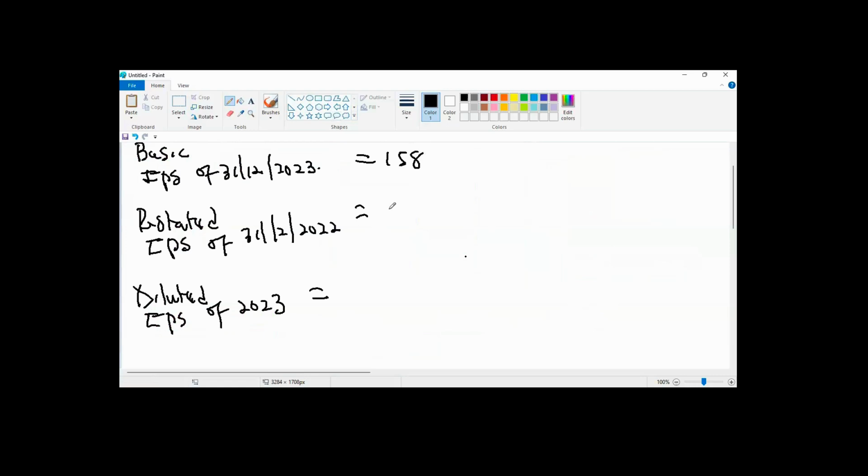The restated: I've known the earnings per share of 2022, which we have done.